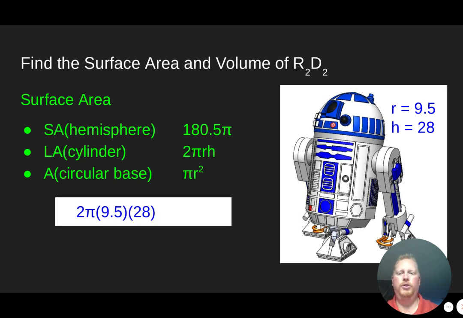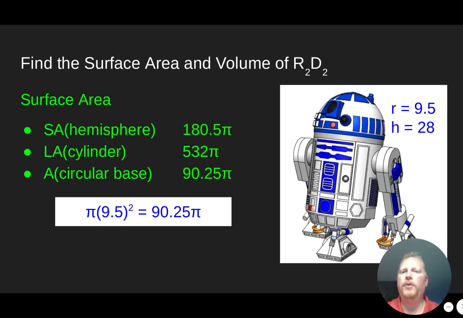So we do 2 pi rh, so 2 pi times 9.5 times 28. Multiply all that together and we get 532 pi. And lastly, the area of the base, so pi r squared. Let's plug in that 9.5 and we get 90.25 pi.